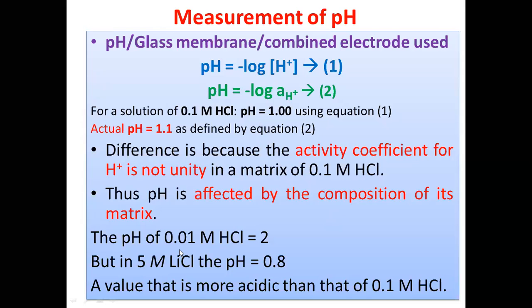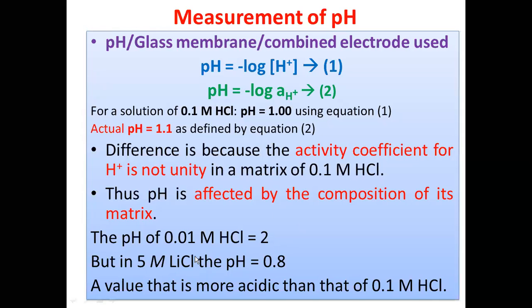Similarly, consider 0.01 molar HCl in water. The aqueous solution of 0.01 molar HCl will have a pH of 2. But if you add a matrix of lithium chloride of concentration 5 molar, lithium chloride is a neutral species, neither acidic nor basic, just like sodium chloride. So it should not decrease the pH.